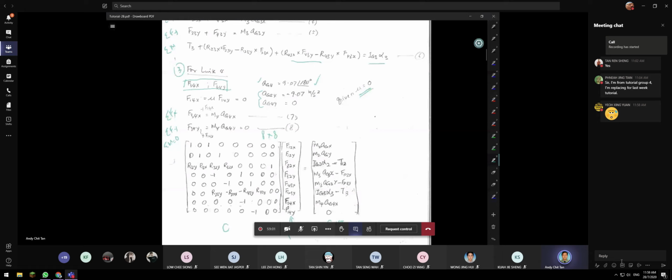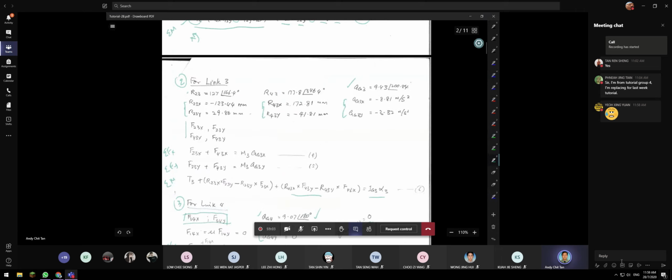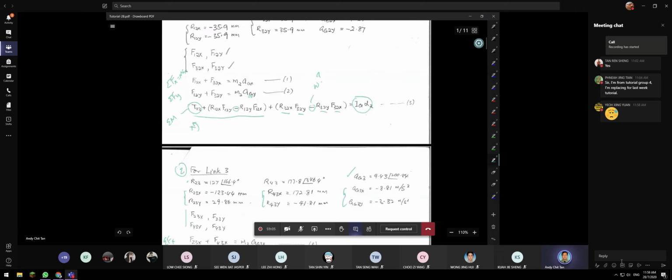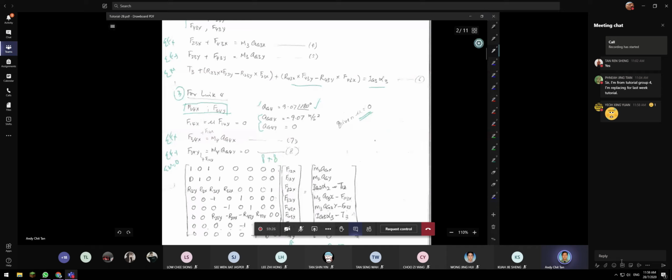All right, so now we go to the first equation, equation number 1. Equation number 1 is F12x plus F32x equals m2 a_Gx. So here m2 a_Gx is the given value.